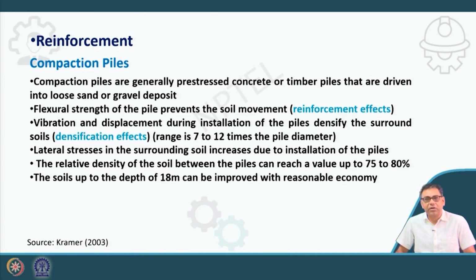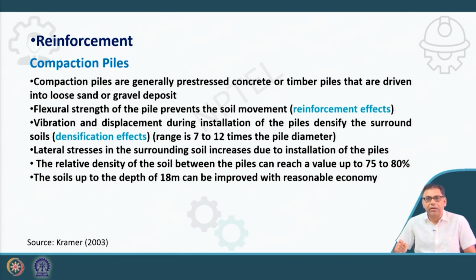during the installation process. Now, the lateral stress in the surrounding soil increases due to installation of the pile. The relative density of the soil between the piles can reach a value up to 70 to 80%. So, this is also done in a grid pattern.